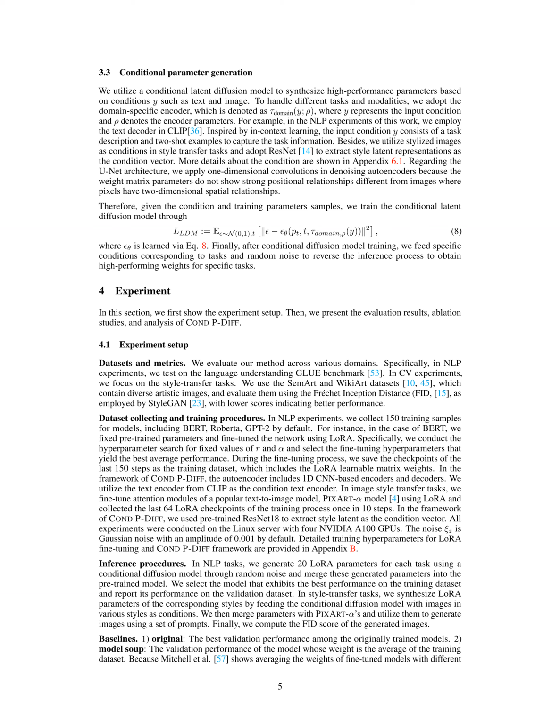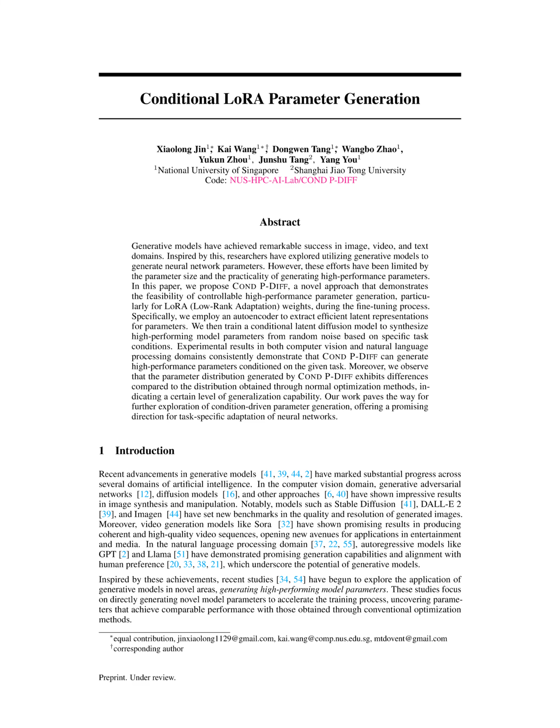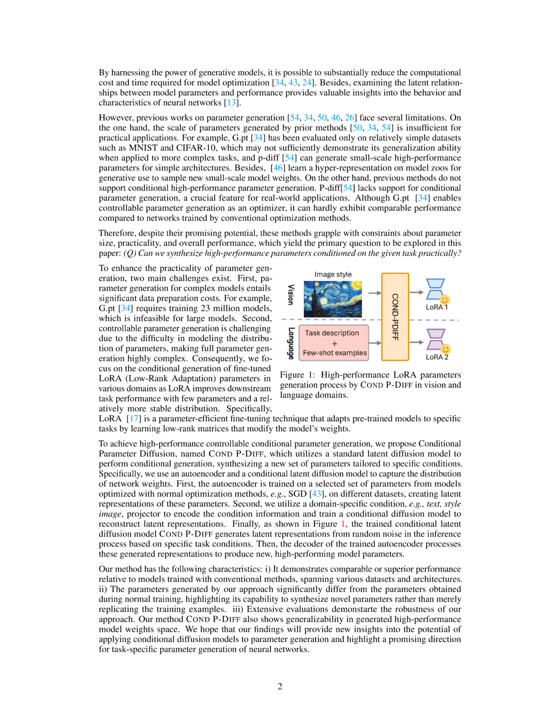Next, we train an autoencoder to extract latent representations from these parameters, effectively compressing the information while maintaining essential features. Once the autoencoder is trained, we then utilize a conditional latent diffusion model. For our specific task, we encode the condition, task description and examples into a domain-specific representation.